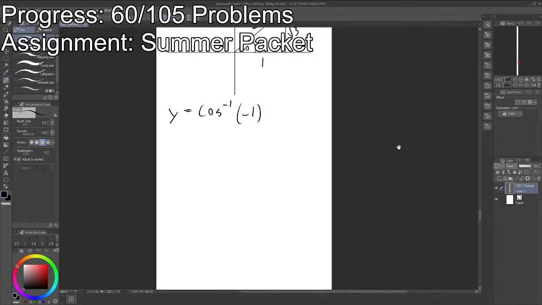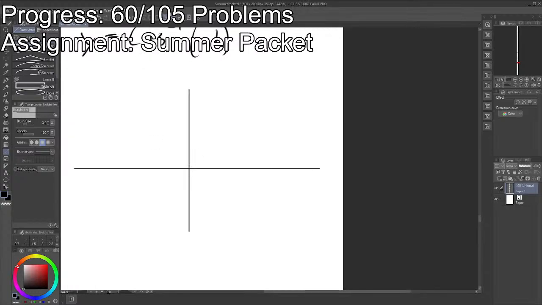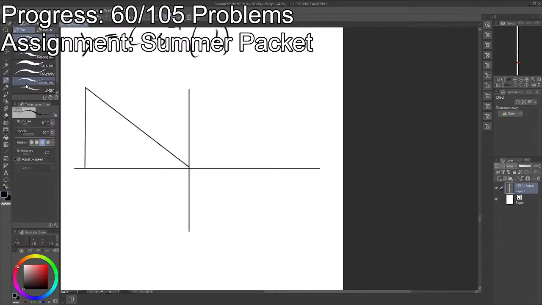Okay, so that has to be in quadrant 2. Wait, how do they, what?